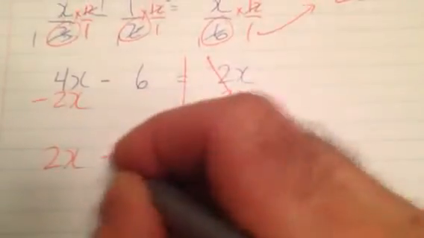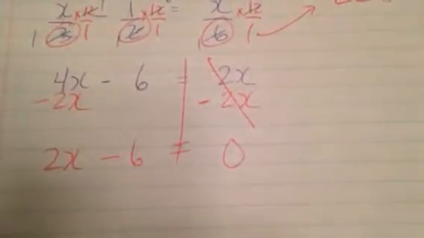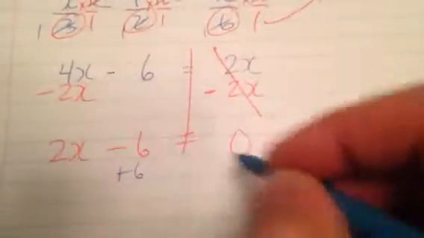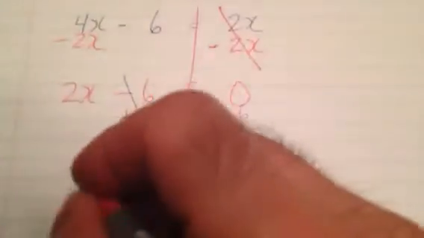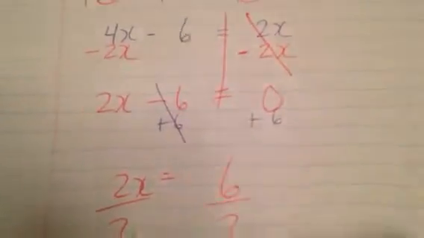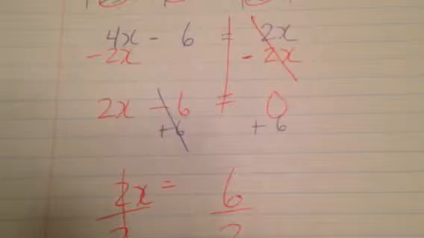So 0 is equal to 2x minus 6. Now, I want to get 2x by itself, so I add 6 to both sides, canceling those out. So I get 2x is equal to 0 plus 6 is 6. Now I divide both sides by 2, cross that out, x equals 3. Okay, and that's the final answer there.